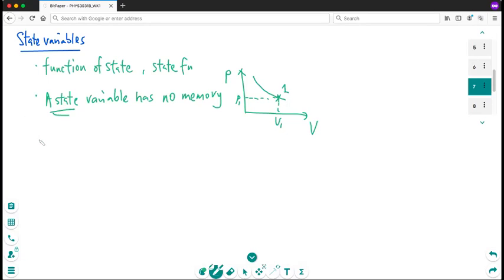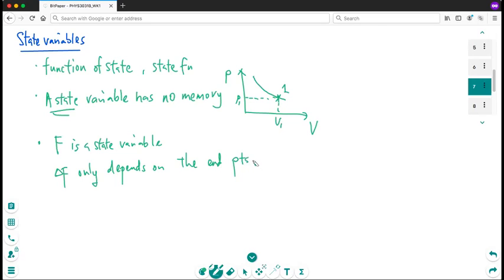Let me write this again. If f is a state variable, then delta f only depends on the endpoints. It doesn't matter how I get from A to B.